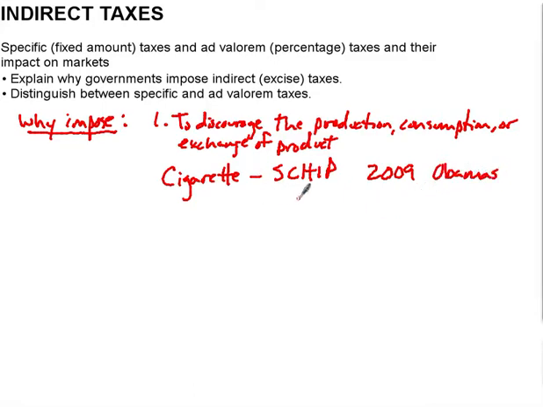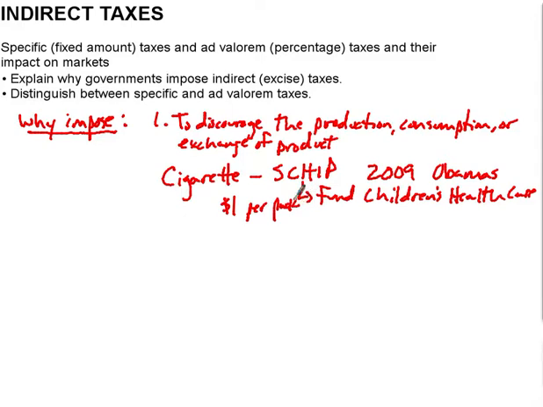The S-chip was simply to fund children's health care. Okay, to get some more money to fund children's health care. All right, and so you might ask yourself, what was this tax for? We're putting an extra dollar tax. It was an extra dollar per pack.